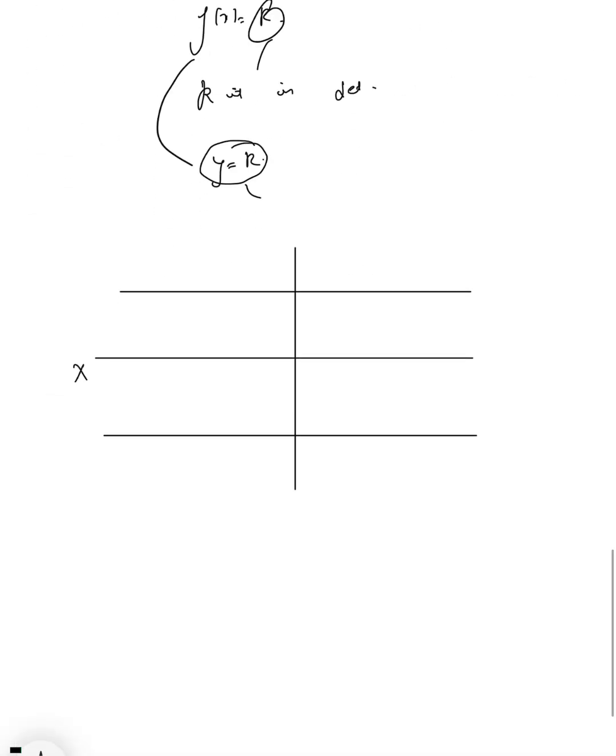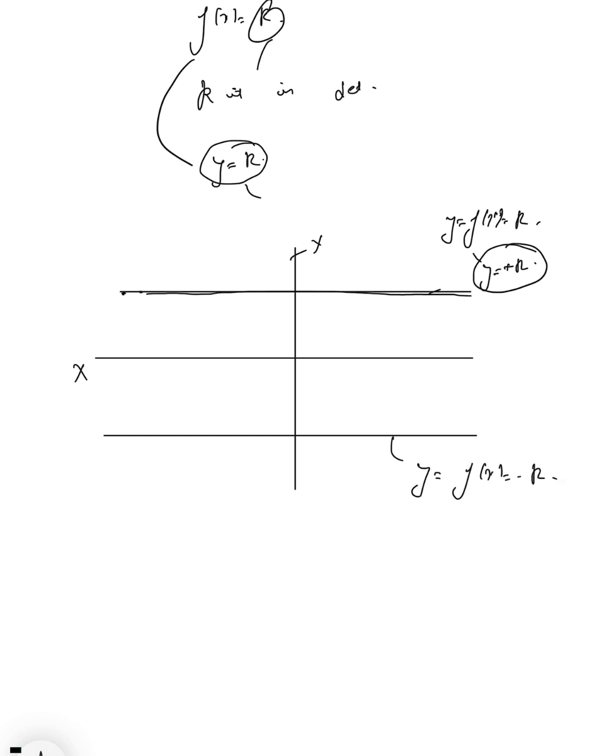If we have the x-axis here and the y-axis here, and y = k positive, we are going to get a line parallel to the x-axis above. So here is what you denote the value of the entire function: y = f(x) = k, and here y = f(x) = -k. If k is going to be 0, then we are going to get a line on the x-axis, or you can say coincident to the x-axis.